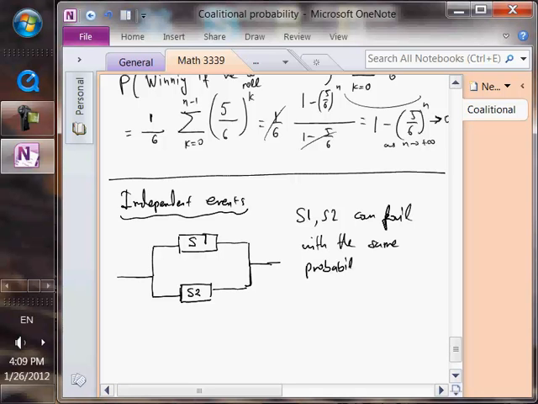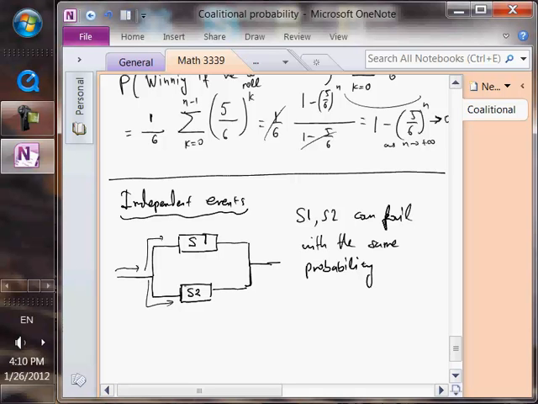Now, if you have done a little bit of basic physics, this looks like a very small circuit where you have two switches in parallel to one another. So the electric current can come in and flow this way, or it can flow this way down. If one of the two trips, the other, if not tripped, still allows the flow of the electric current.